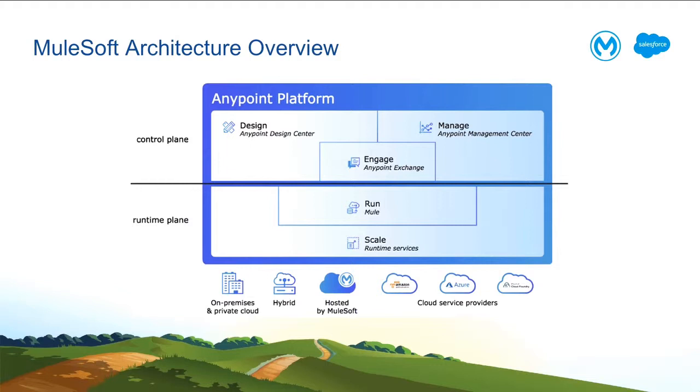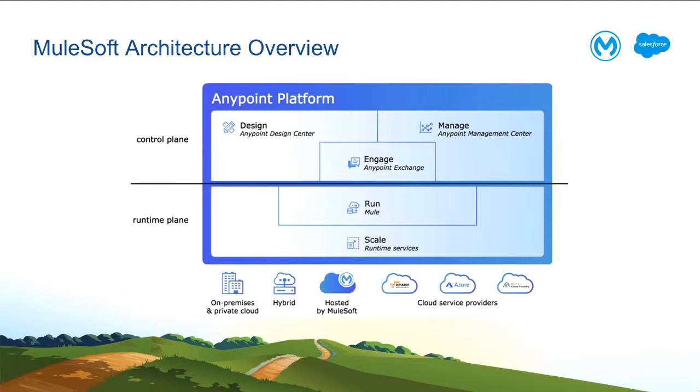So I'm going to give you a quick crash course as to what our architecture today looks like. To solve any integration issue or to create an API, MuleSoft basically supports an end-to-end lifecycle for an API. You want to design it, add the implementation to it, secure it, manage it, and deploy it.